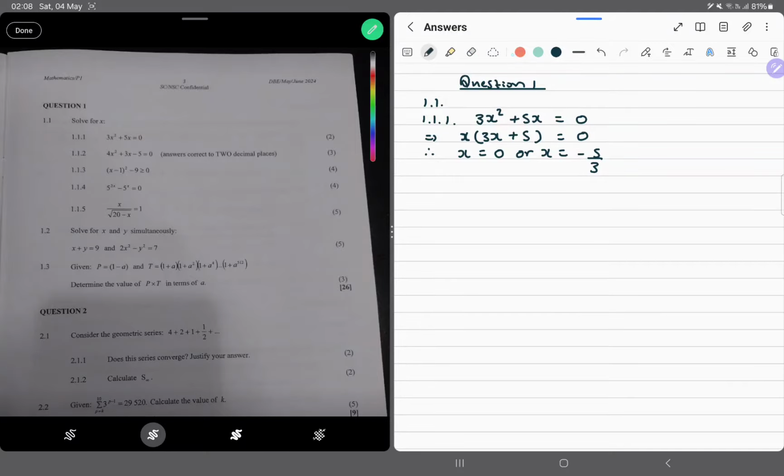Okay, so don't be too excited you got an answer. These simple questions have a tendency to go wrong, so we need to check our solutions. Now if we plug 0 there, we know that the left hand side is equal to the right hand side. Then we plug minus 5 over 3 there, that gives us 25 over 9.